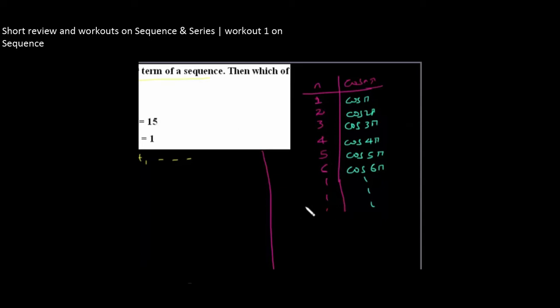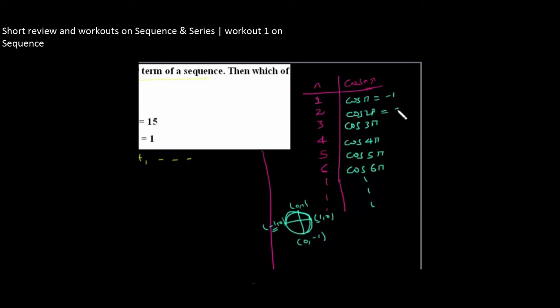Now we can determine cos pi using a unit circle. As you know, a unit circle has radius 1, and this point is (1, 0), this is (minus 1, 0), this is (0, 1), and this is (0, minus 1). Now, cos pi means we are moving 180 degrees, so the value of cos pi is minus 1. And cos 2 pi is 360 degrees, and the value of cos 2 pi is 1.